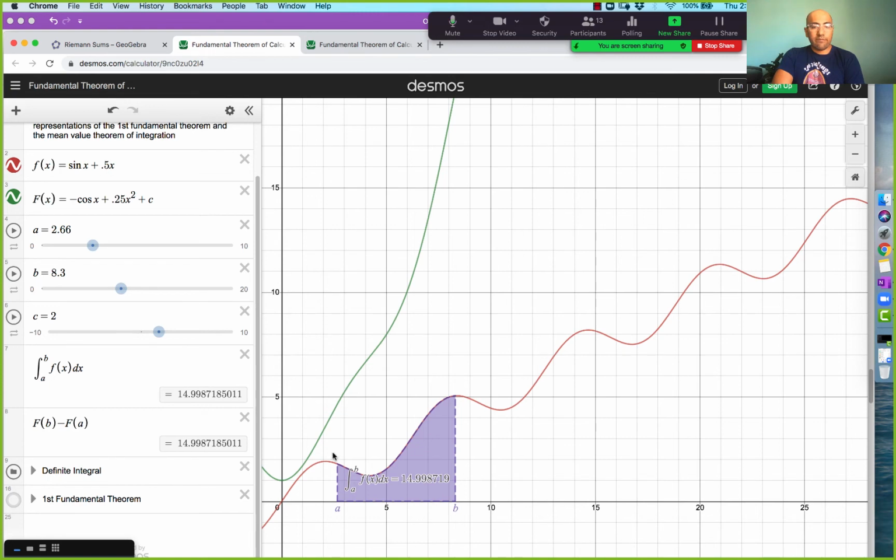Okay, so if I wanted to find this area in purple, then one way I could do it is think about the antiderivative and then evaluate my antiderivative as capital F of B minus capital F of A, right? Here's A, evaluating F of A is there.